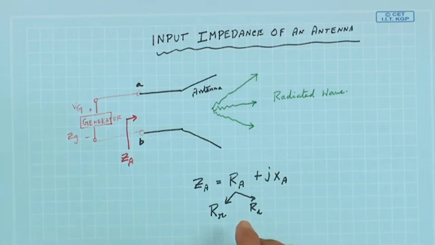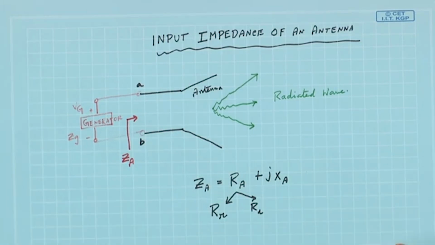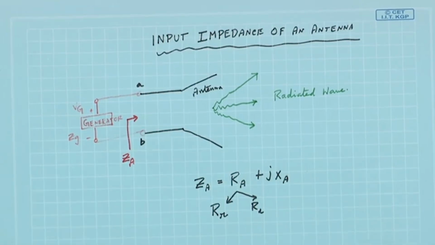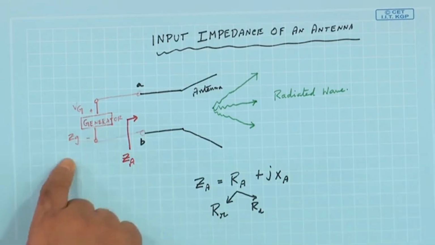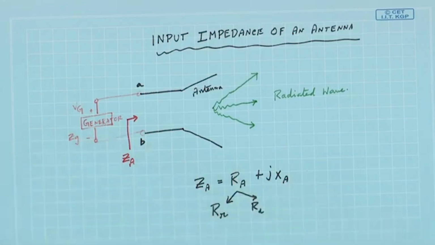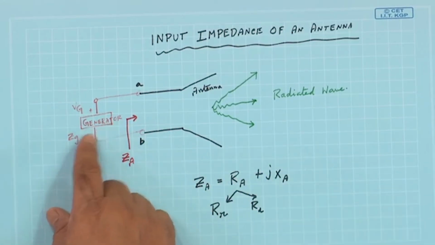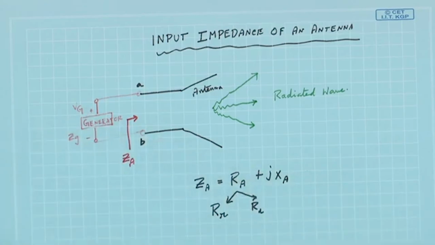Now, coming back to our approach of visualizing antenna as a circuit element for calculating various values of a transmitter, which may have some blocks which are analyzed by circuit approach. So, here we are assuming that the generator that is driving the antenna has an impedance of Zg.